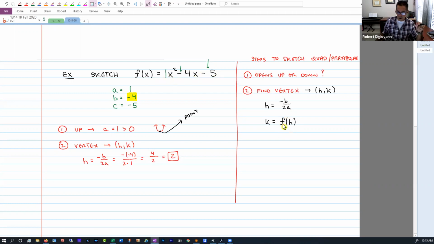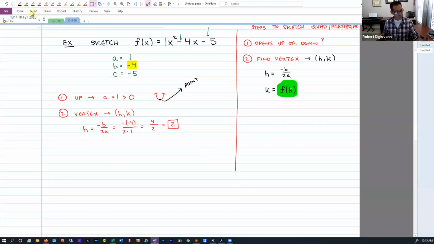What we need to do is take the original function and replace the x with h. We just found h, and we said h was 2, so we're going to plug in 2.